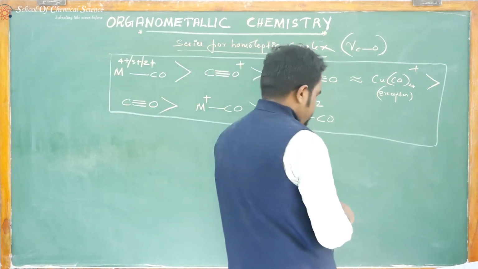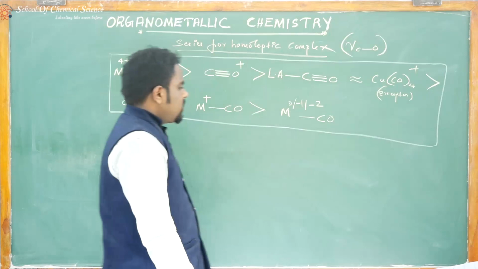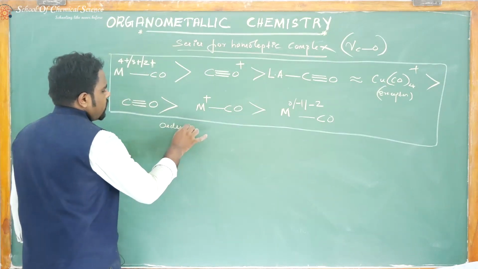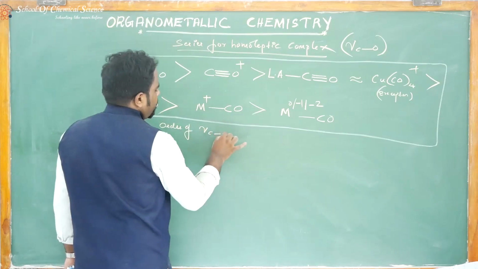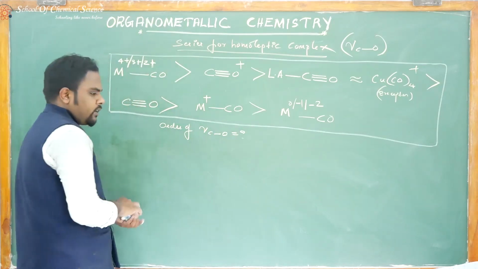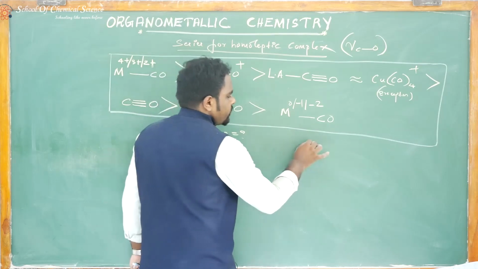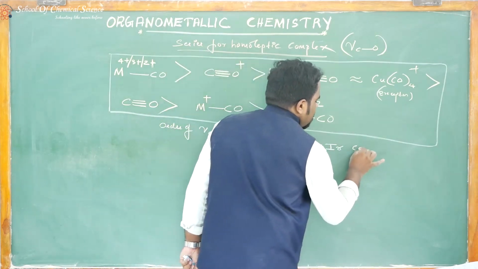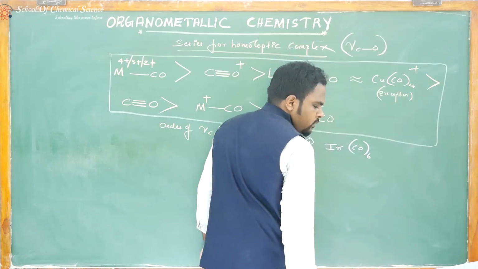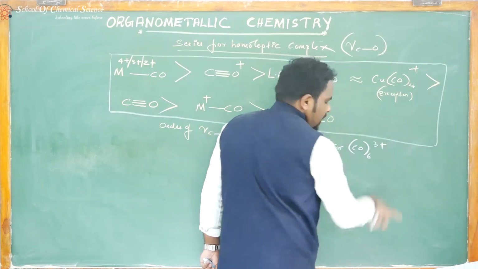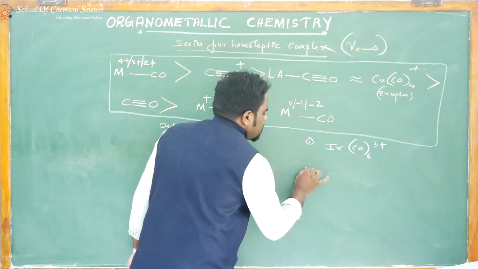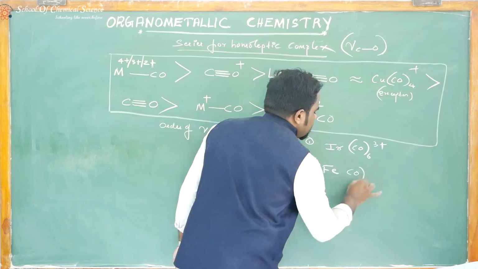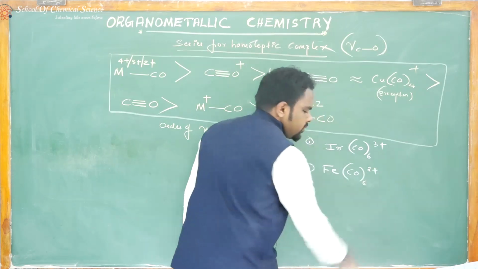So write a question. Arrange in the order of new CO stretching frequency. First question: IrCO6 3 plus. Second one, FeCO6 2 plus.